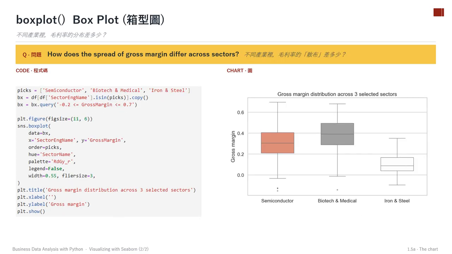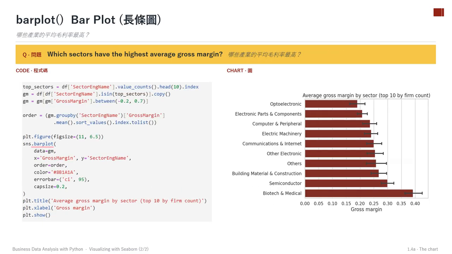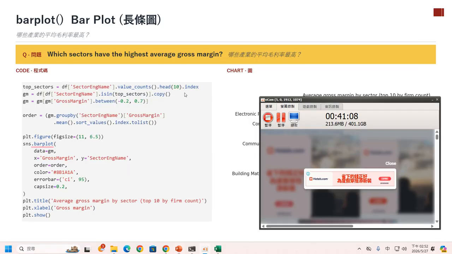So the first one is our bar plot. How to analyze our bar plot? If we just put all the sectors into our bar plot, this is quite boring. So in here, I'm just using df sector English name value_counts, head 10. What does this mean?